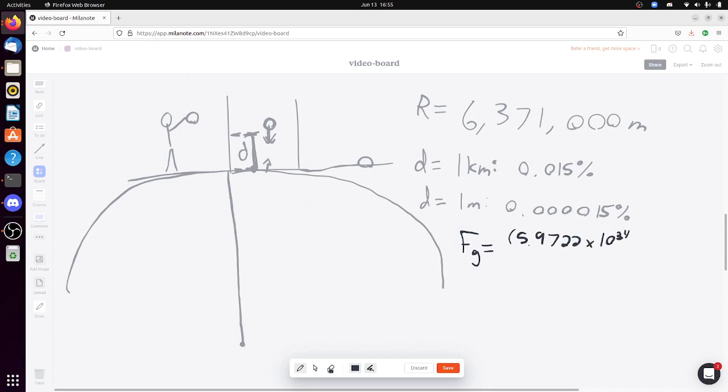Sorry, let me write that a little bit better. It should be 10 to the 24th power. So that's the mass of the planet Earth. And then we have m, the mass of our object. I'm just going to keep that as m because that can vary. And actually, I should have multiplied this by a gravitational constant too. So let me do that.